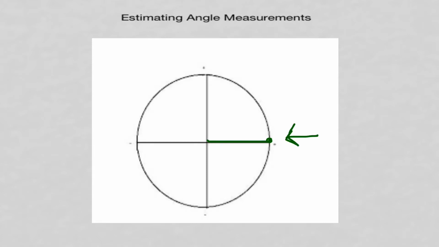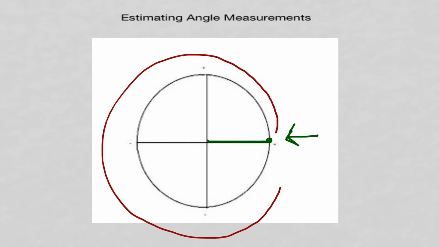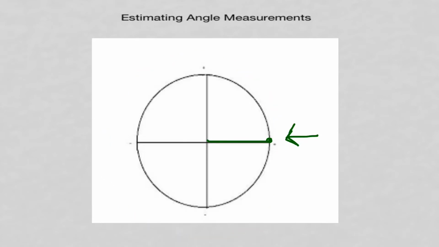And the other facts I want you to remember: if you're going all the way around a circle, it is 360 degrees. If it's 360 degrees all the way around, each one of these quarters is going to be 90 degrees.